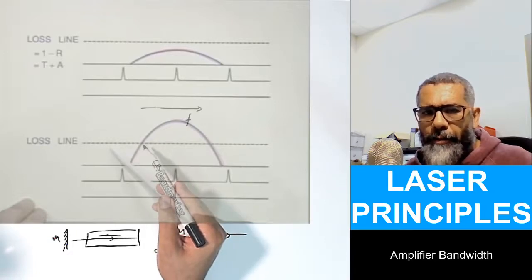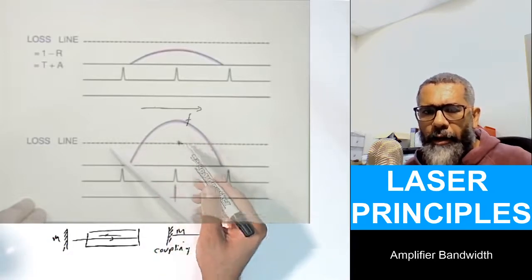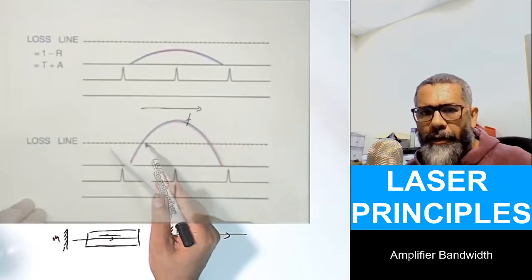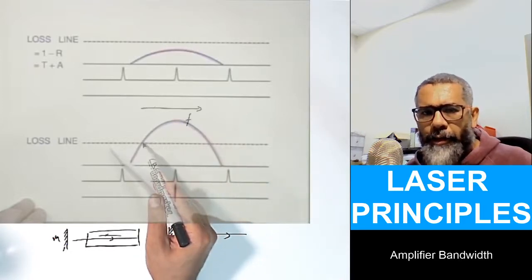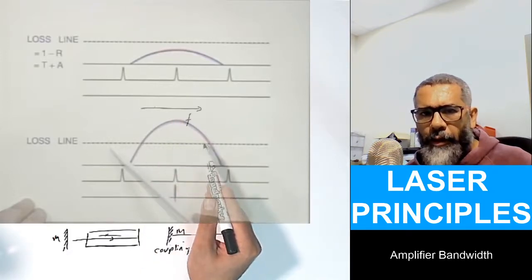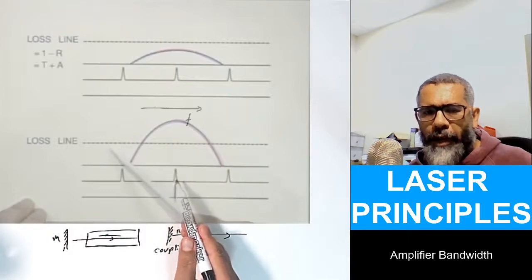At least some portion of this curved line stays above the dashed line. That means between this range, from here to here, all the frequencies will get amplified.